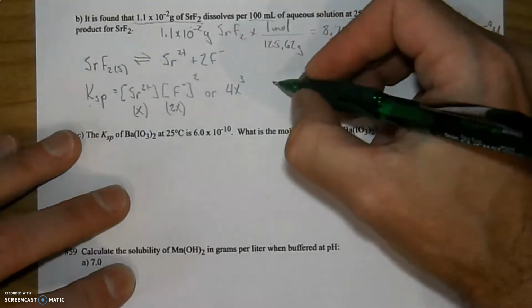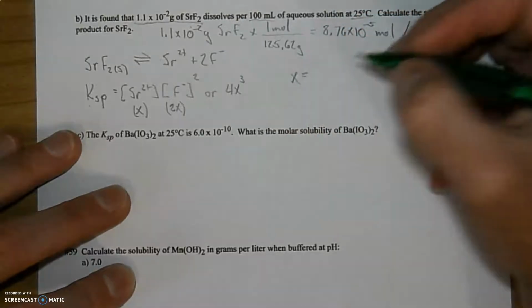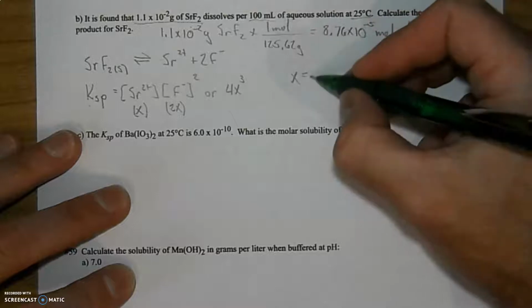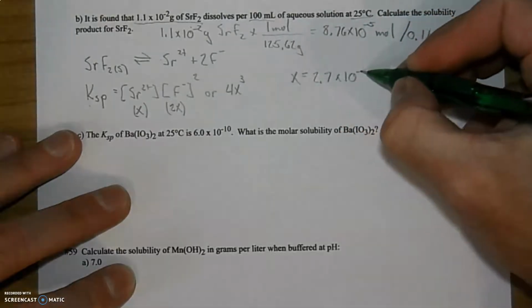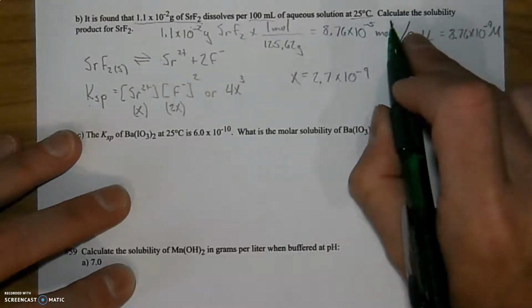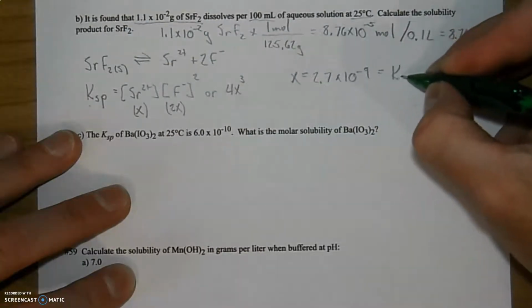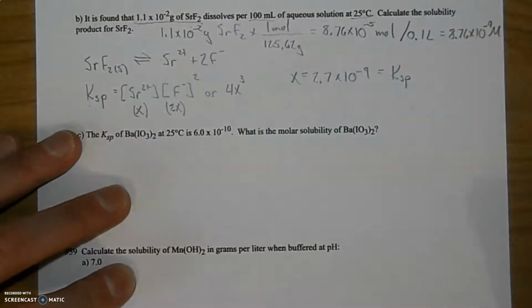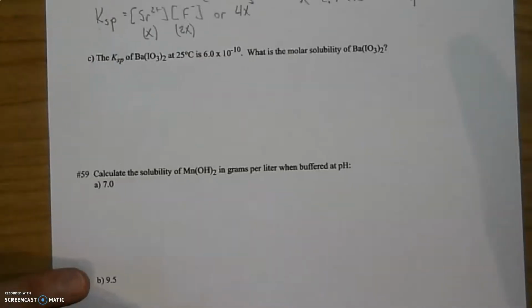So I can do that and find that x, in this particular example, will be equal to 2.7 times 10 to the negative 9. And that would be the calculated solubility product, so the Ksp for strontium fluoride.